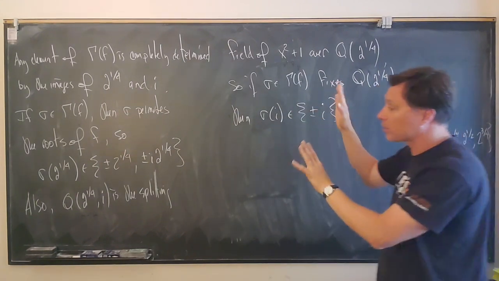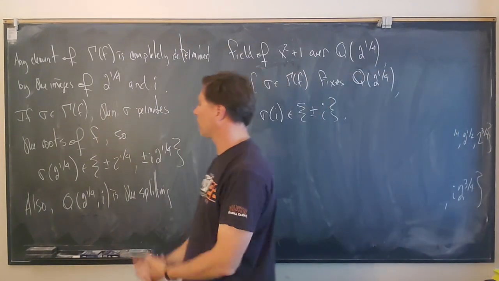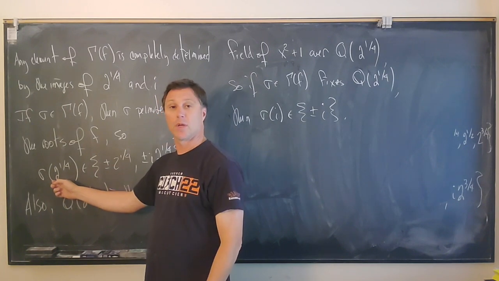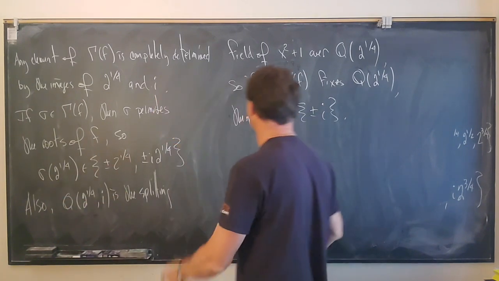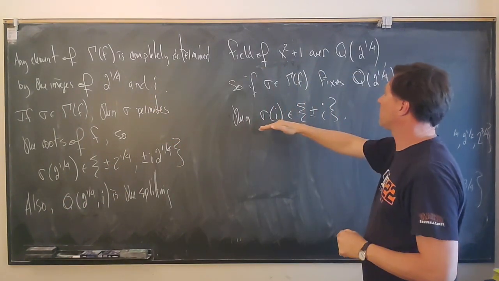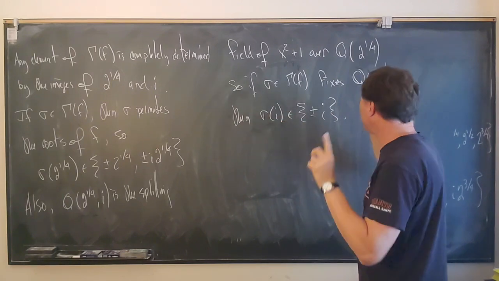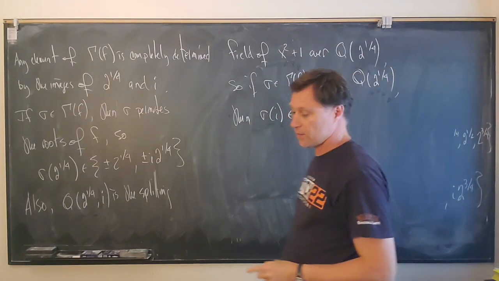So by thinking in this way, it gives us a handle on what has to happen to 2 to the 1/4. It also has to tell us what happens to sigma of i, given that it fixes the elements of Q adjoin 2 to the 1/4.